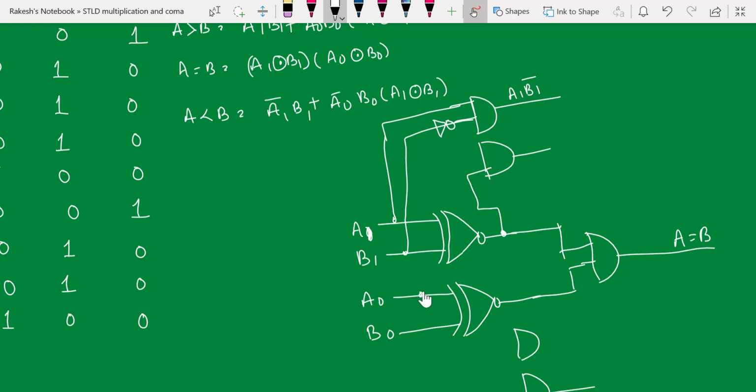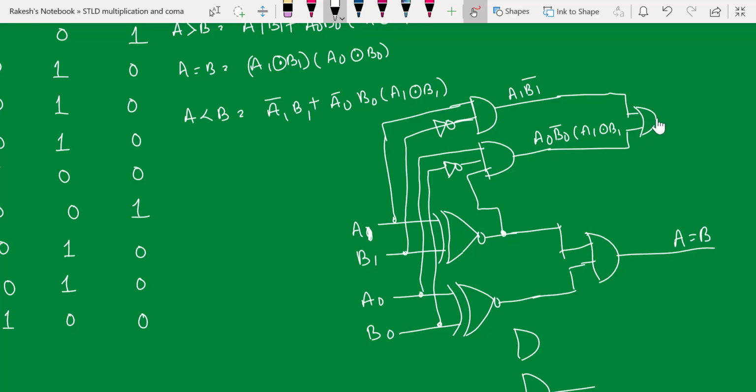Then I'm going to take A0 as it is and B0 in the complement form. So you're going to get A0 B0 bar times A1 XNOR B1. Now I'm going to use one OR gate to produce A greater than B.